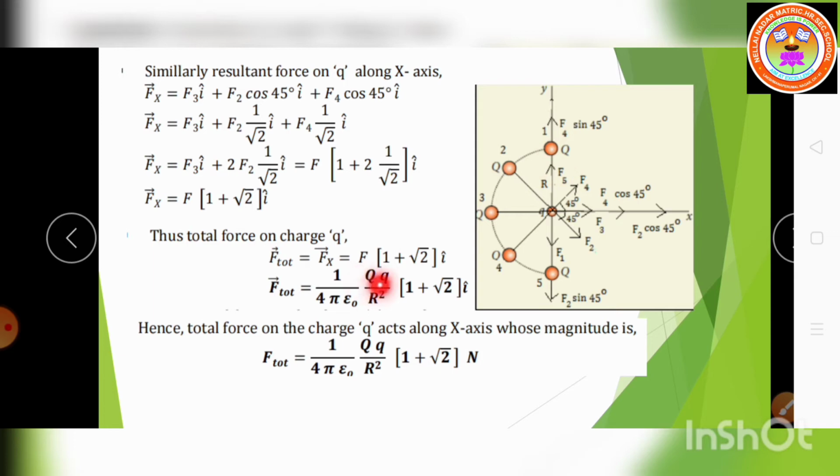So QQ divided by R square, R is the radius, now into 1 plus root 2 into I cap. If you write the unit here, the unit is what? Newton. Now, if I want to calculate only the magnitude, no need to put the vector symbol here. We can write F total is equal to 1 by 4 pi epsilon naught Q by R square into 1 plus root 2 into Newton. Okay, understand children?